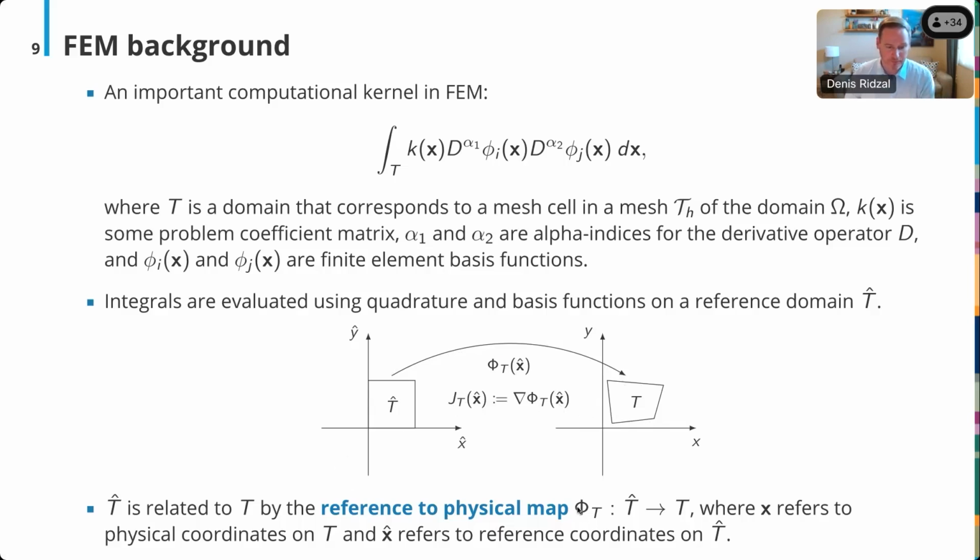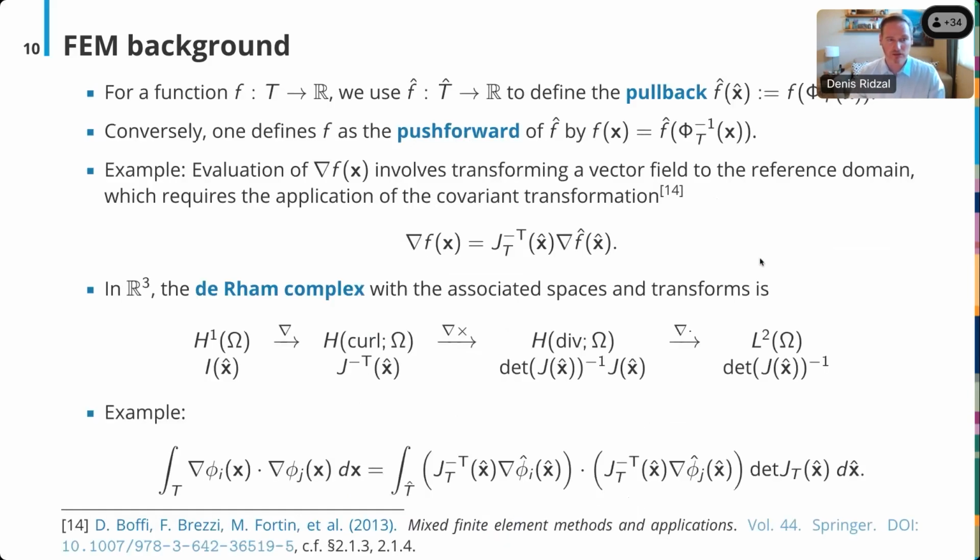And that's a key quantity that we need to track in these finite element computations. And so we're all familiar with the reference to physical map. And we will use the hats here to denote reference coordinates, and without the hats will be the physical coordinate. All right, so based on this mapping, we can define the pullback and the push forward operators.